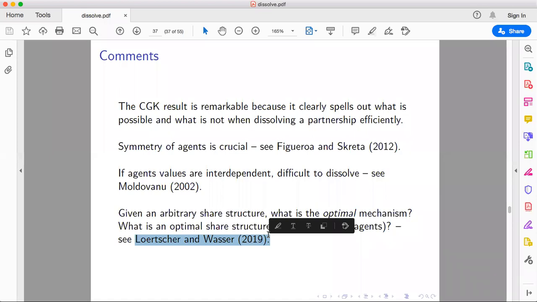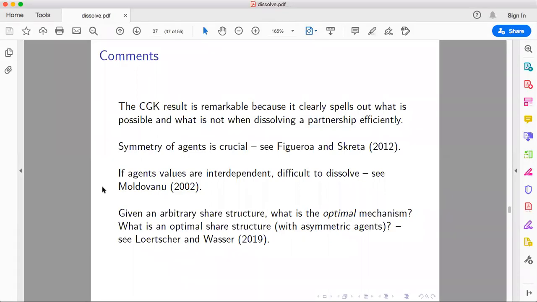If I know that the distributions are symmetric, that is, everybody is drawing from independent and identical distributions, then if I'm interested in maximizing the payoffs of the agents, I should just design the partnership structure as an equal partnership, because then I can always dissolve. But if the distribution is not symmetric, then it's not clear what is the optimal partnership structure which will maximize the sum of payoffs of the agents.